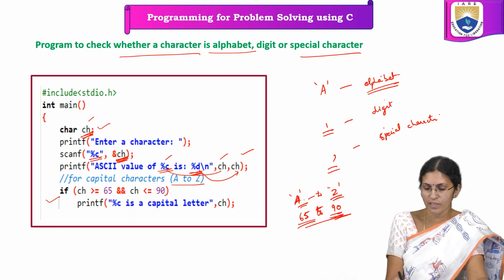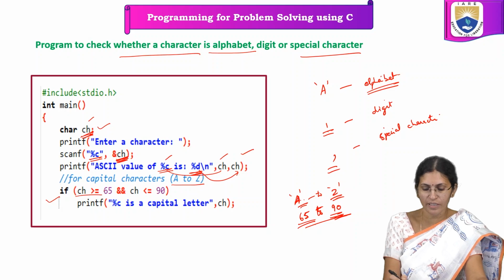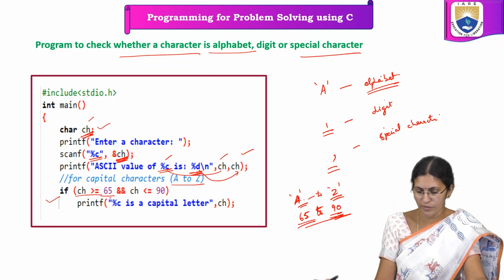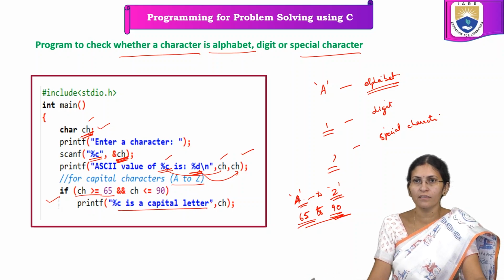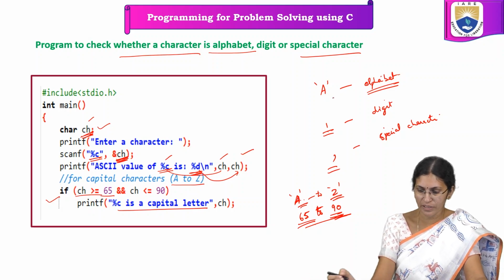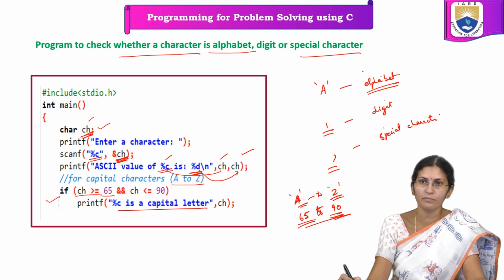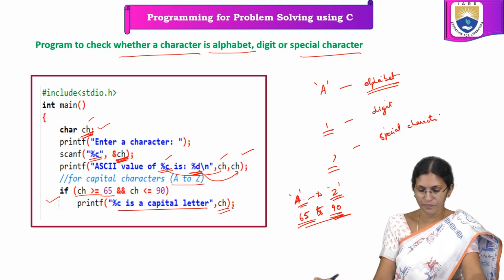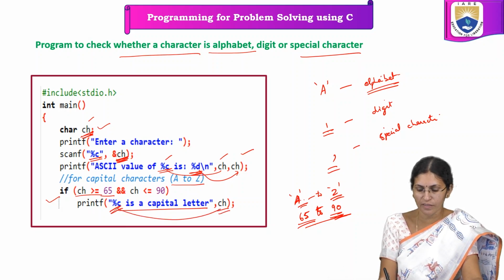So if ch is greater than or equal to 65 and ch is less than or equal to 90, printf %c is a capital letter. That means capital A, it is capital alphabets. Here %c specifies ch.